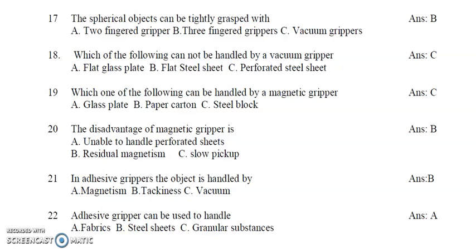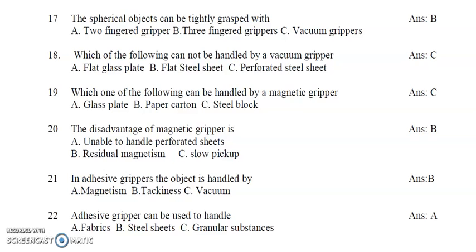Flat steel plate can also be handled by a vacuum gripper. So C is the right answer, perforated steel sheet, because in perforated steel sheets the vacuum cannot be created. That's why perforated steel sheets cannot be handled by a vacuum gripper. Answer C is the right answer.